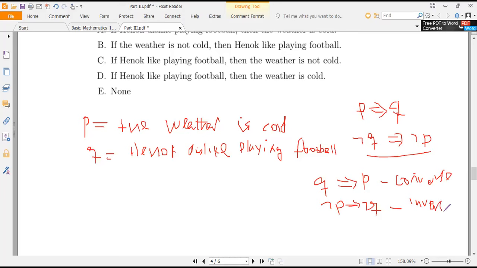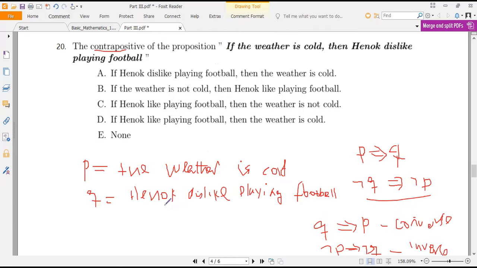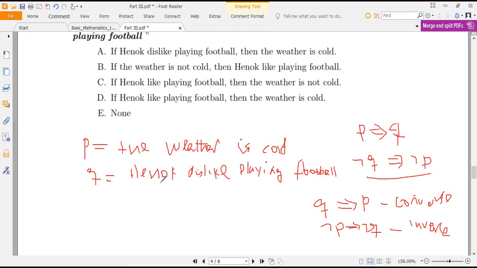Just to recap what we have learned about the converse, inverse, and contrapositive of a conditional statement. From the alternatives, negation of Q is Enoch likes playing football, and the negation of the weather is cold is the weather is not cold.